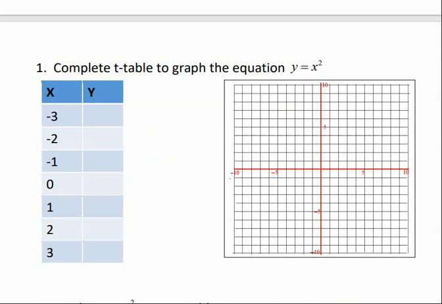So if I use -3 and I plug it into this equation, y is equal to (-3) squared. Well, if I square -3, then I get a positive 9.